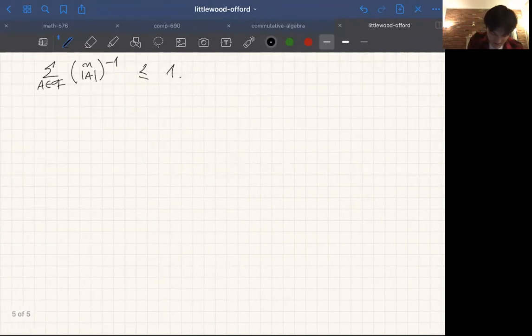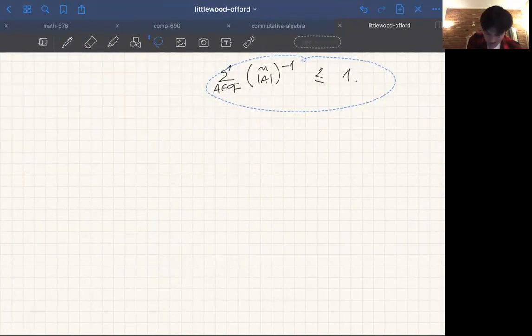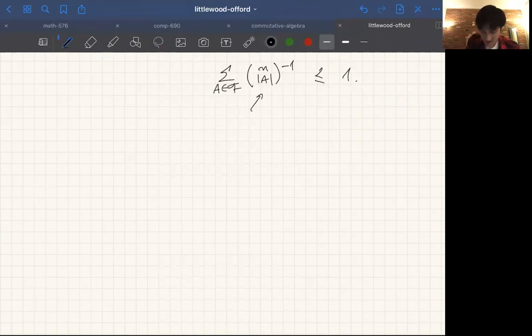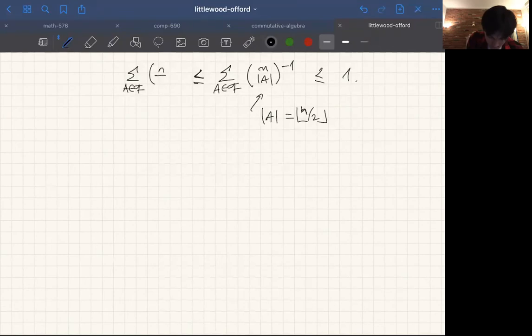What did we say before? We made the observation that n choose the size of A is largest when the size of A is equal to n over 2, rounded down. So if we just want a bound, we can sum over all A in F of n choose n over 2, to the power of negative 1.